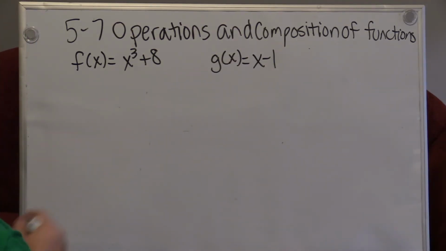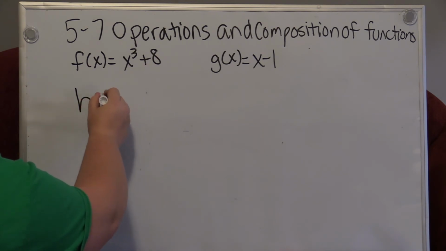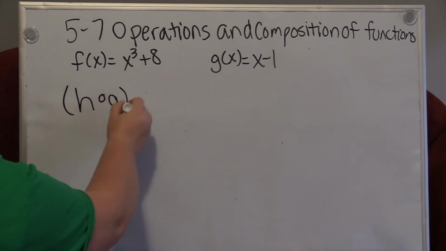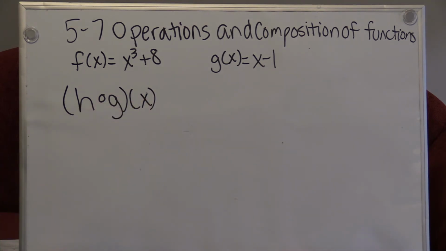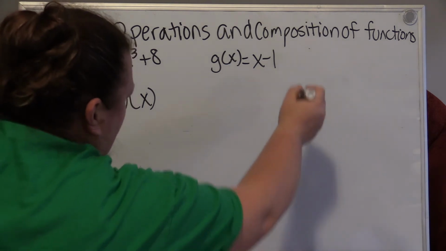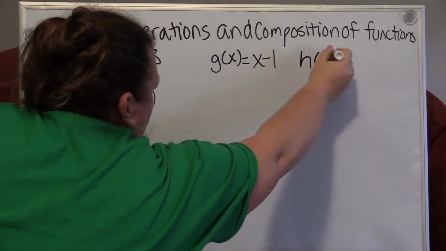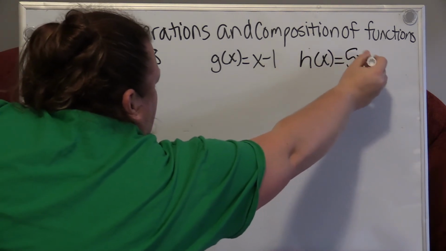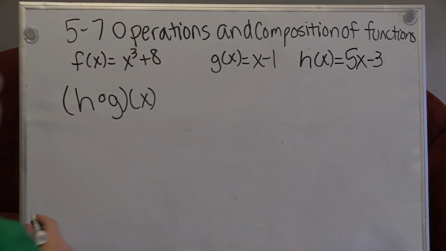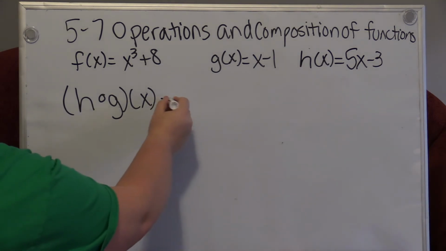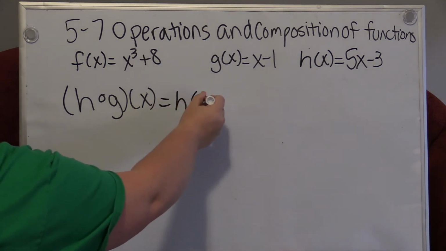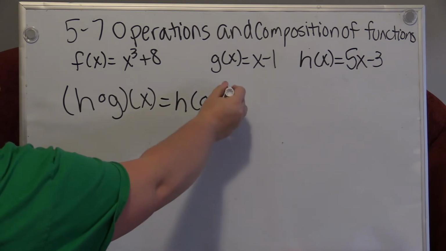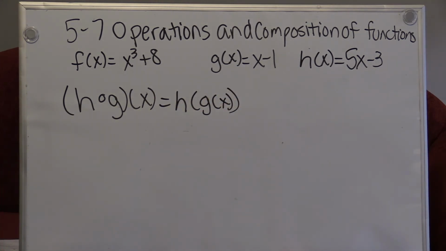So here if I'm having h of g of x, and I have h of x again, 5x minus 3. Here, what's happening is I'm taking a value g of x and replacing it into h where x is.